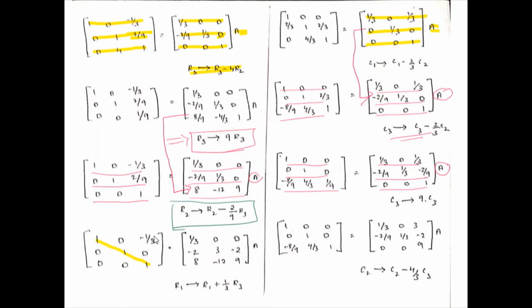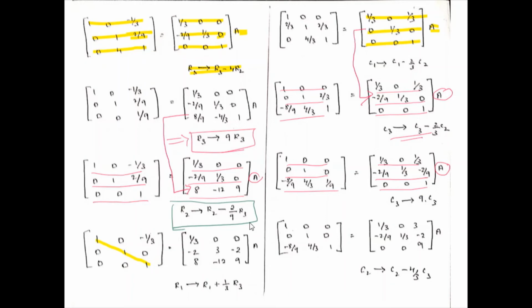And next 1 by 3 minus 2 by 9 into minus 12, it becomes 3. And next 0 minus 2 by 9 into 9, it becomes minus 2. I hope you clearly understand till now. Okay, let us proceed with the next step in column operation.